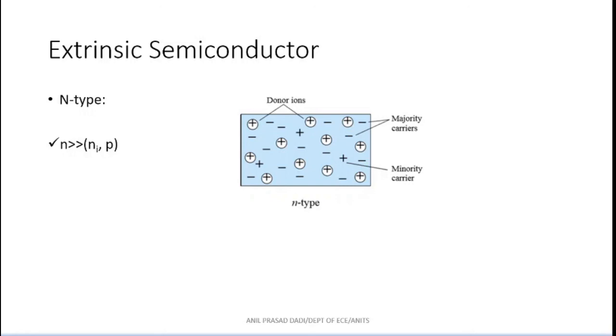When an electric field is applied, the flow of electrons is opposite to the direction of the electric field, and the flow of holes is in the direction of the electric field. The current due to electrons is opposite to the electron motion, and the current due to holes is in the same direction as the hole flow.